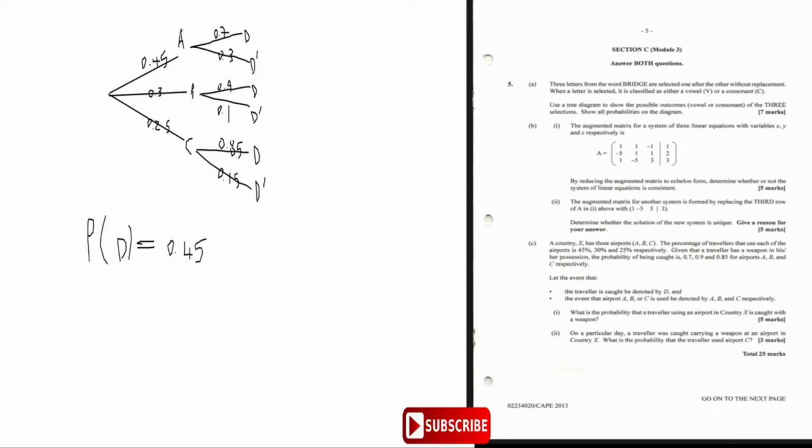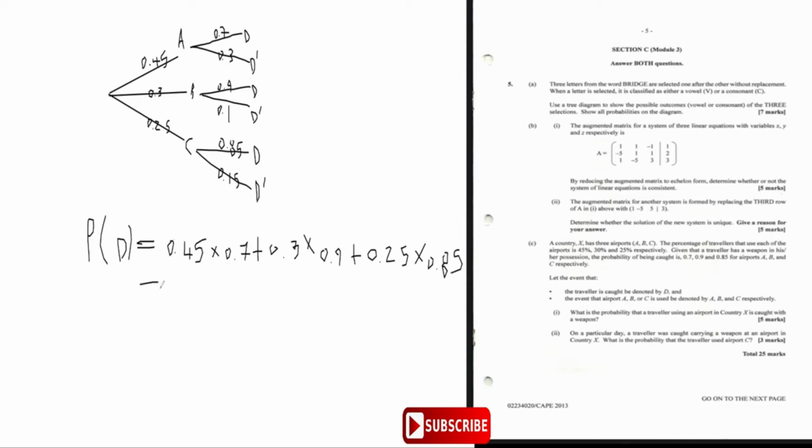It's the probability of A times the probability of you getting caught at airport A. So it's 0.45 times 0.7 plus the probability of you using airport B and getting caught at B, which is 0.3 times 0.9, plus the probability of you getting caught at C, given that you went to airport C, which is 0.25 times 0.85. That's the probability of you getting caught.